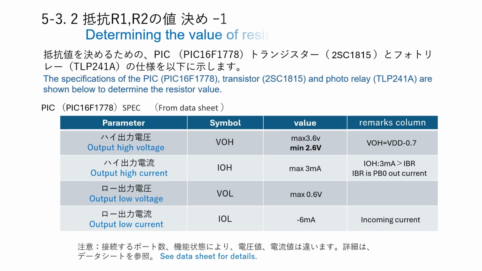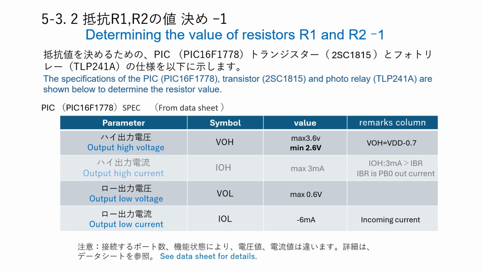5-3.2 Determining the value of resistors R1 and R2-1. The specifications of the PIC16F1778, transistor 2SC1815, and photo relay TLP241A are shown below to determine the resistance value. PIC16F1778 from datasheet: output high voltage VOH, minimum 2.6 volt.